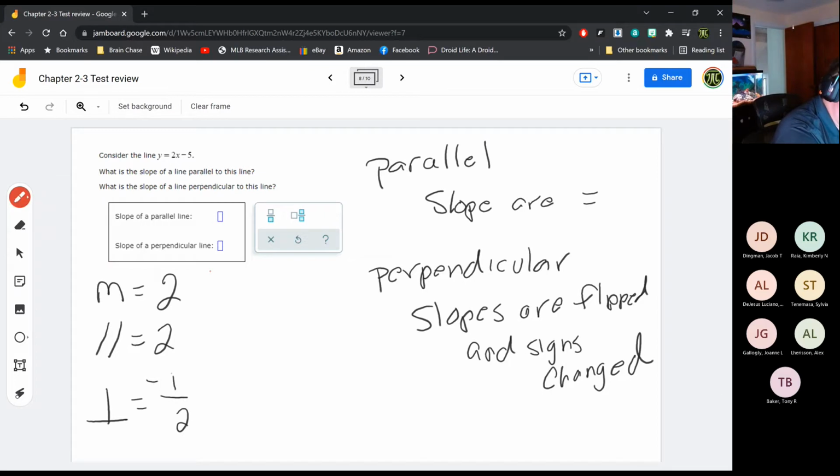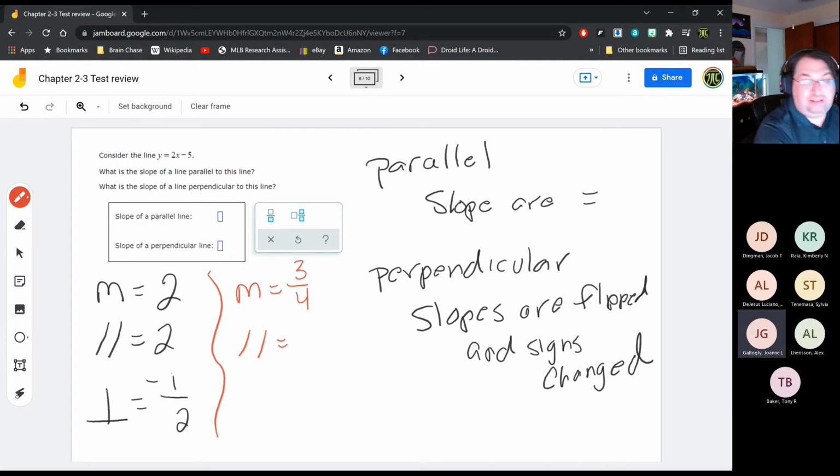I'm going to do one more of these with a different slope. Say my slope was 3/4. Parallel, same thing: 3/4. Perpendicular, we flip it over, and it's negative 4/3.